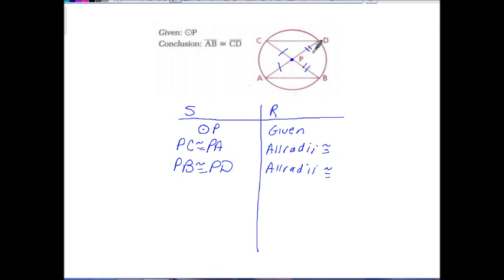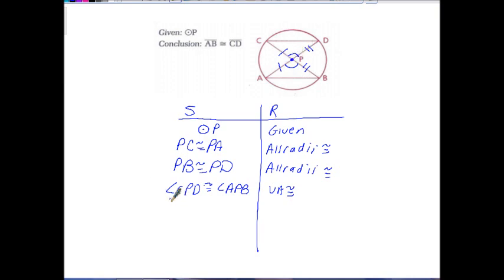Looking at my picture, I see that I have intersecting lines, so vertical angles are going to be formed. Angle CPD is congruent to angle APB, the reason being vertical angles are congruent. Now, I have two sets of sides and an included angle.